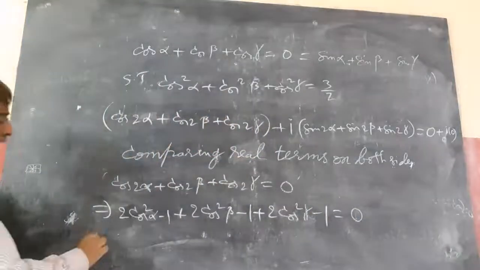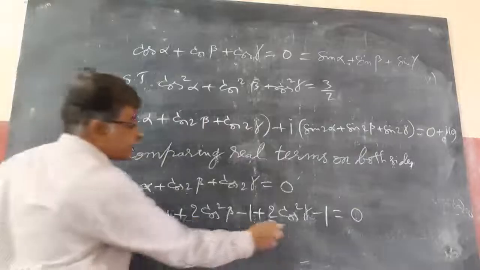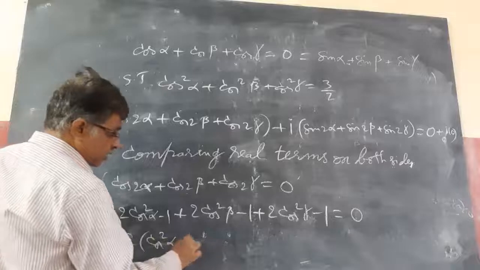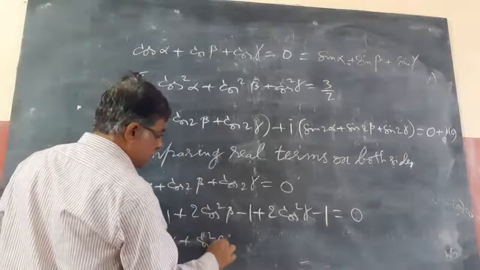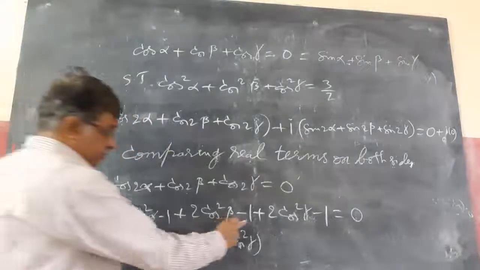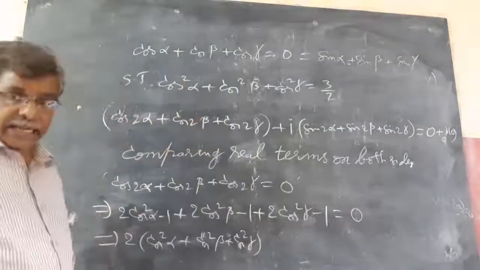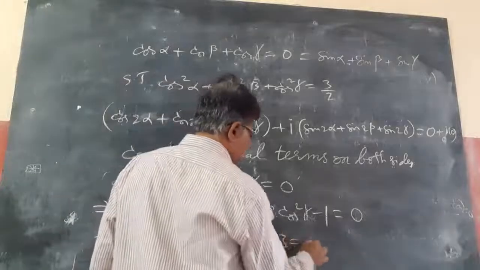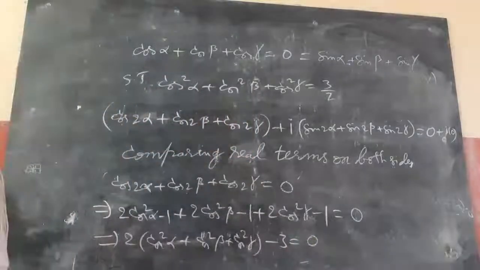Taking 2 common from these three, it becomes 2 into cos square alpha plus cos square beta plus cos square gamma, and the minus 1 minus 1 minus 1 is minus 3, so minus 3 equal to 0.